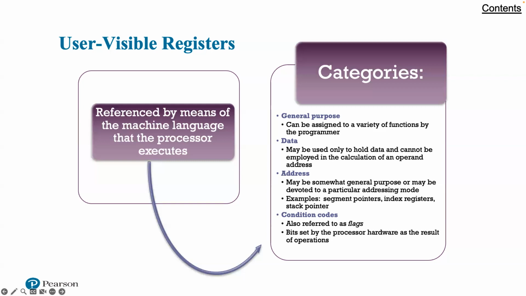A final category of registers, which is at least partially visible to the user, holds condition codes, also referred to as flags. Condition codes are bits set by the processor hardware as a result of operations. For example, an arithmetic operation may produce a positive, negative, zero, or overflow result.